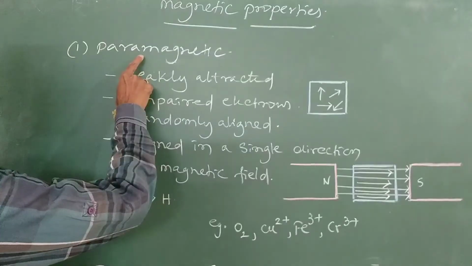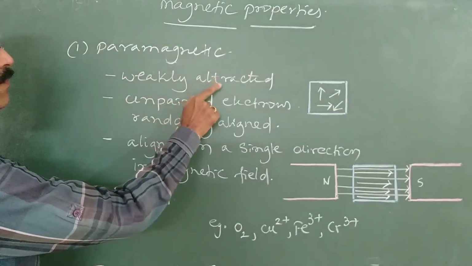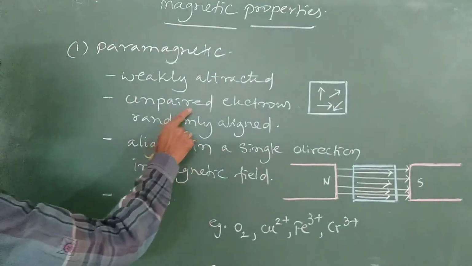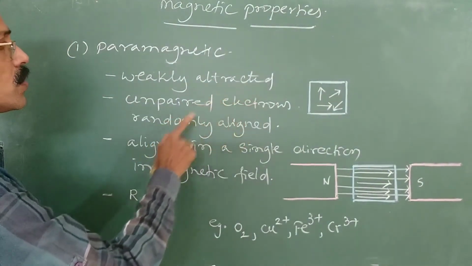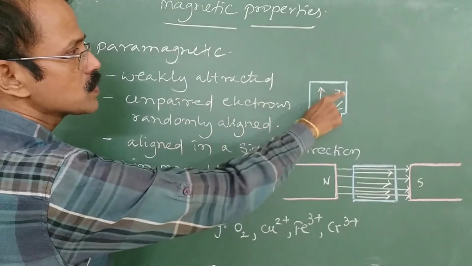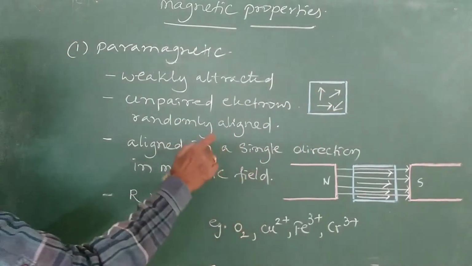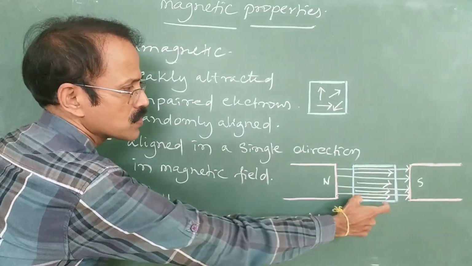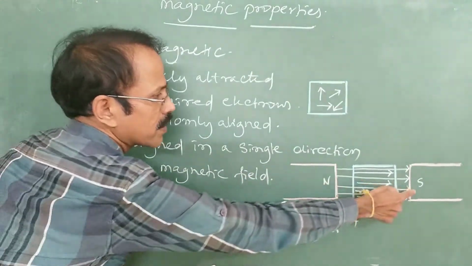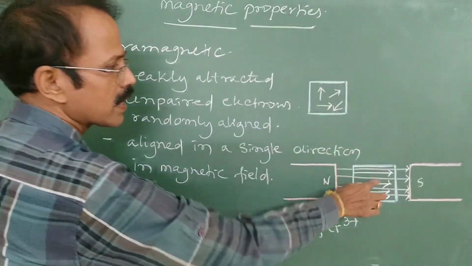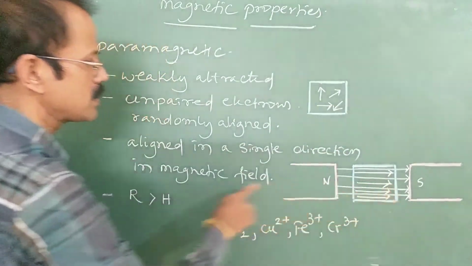I repeat, the paramagnetic substances are weakly attracted by the magnetic field. They contain unpaired electrons which are randomly aligned like this, right? And when this paramagnetic substance is kept in a magnetic field, then what happens? The unpaired electrons will be aligned in a single direction like this, right?